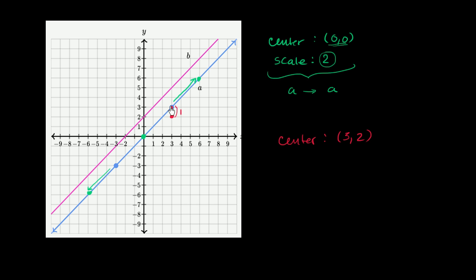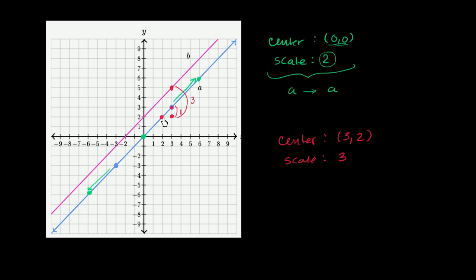And if I want to map it to the corresponding point on line B, well, that's going to be 3 away from our center of dilation. So I could have a scale factor of 3. If I have a scale factor of 3, it's going to go 3 times as far away. Scale factor of 3. And that'll work for other points as well.